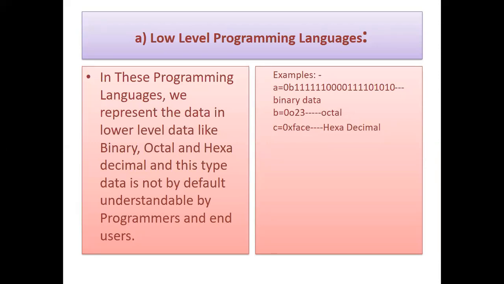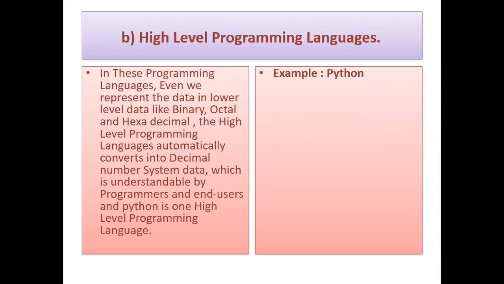Whenever we talk about a high-level programming language, although it represents the data in low-level form, it automatically converts it into the decimal number system, which is understandable by programmers and end users.